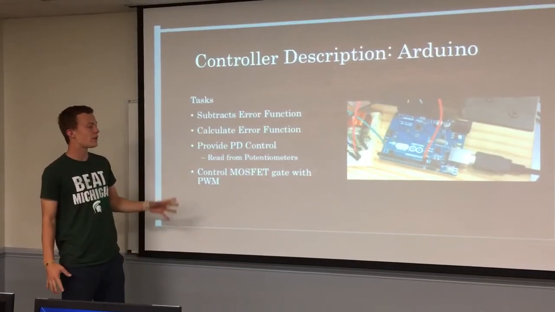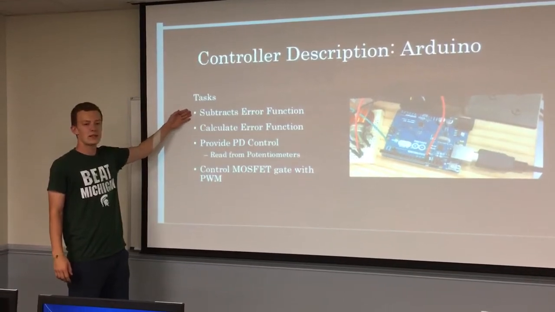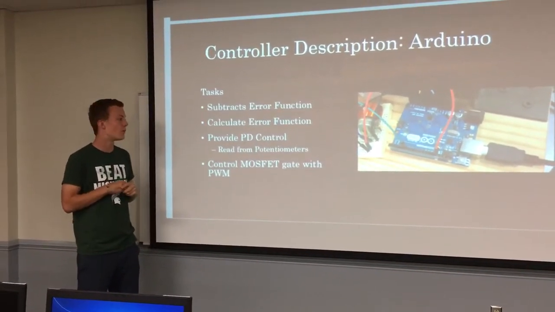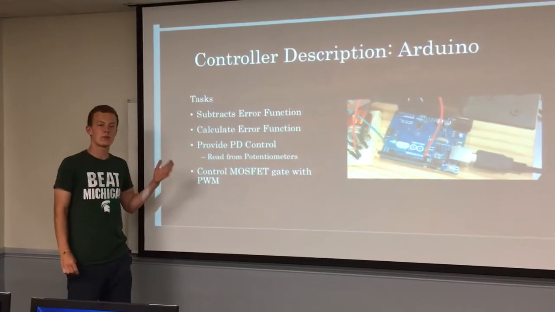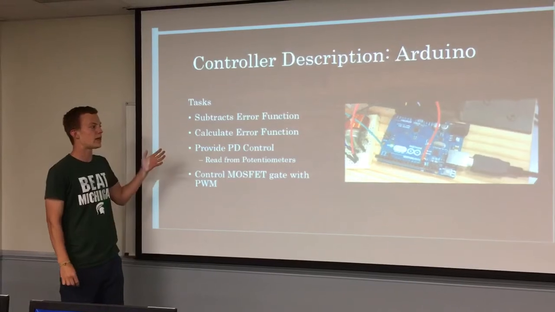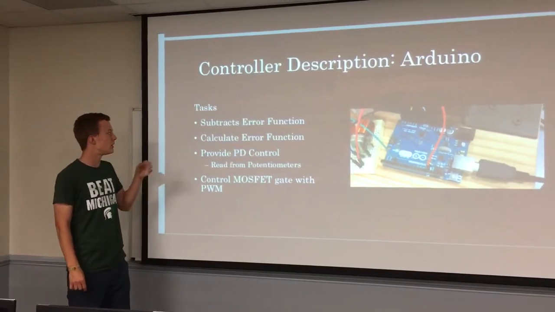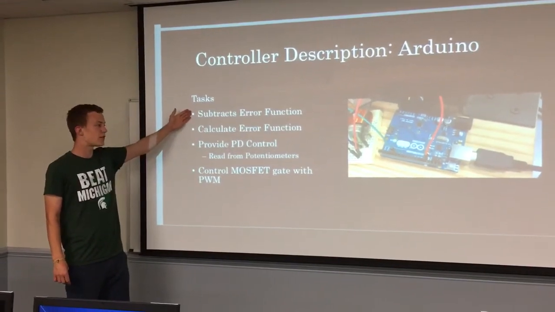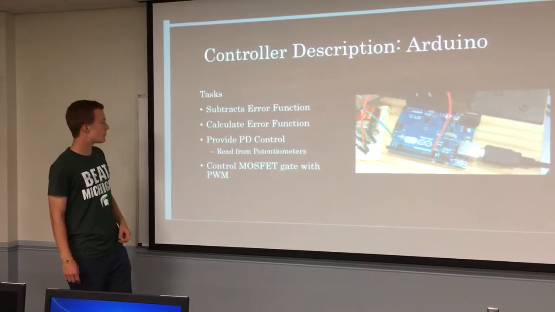So how we thought the Arduino should work is we first subtract the set point from the feedback that we get from the sensors. Also, the sensors are subtracted digitally in the Arduino, so part of the sensor work is outsourced into the Arduino. So we get an error function after the subtraction with the set point.